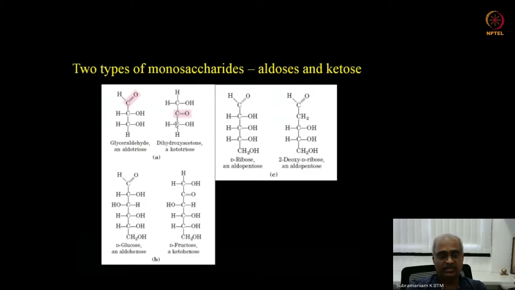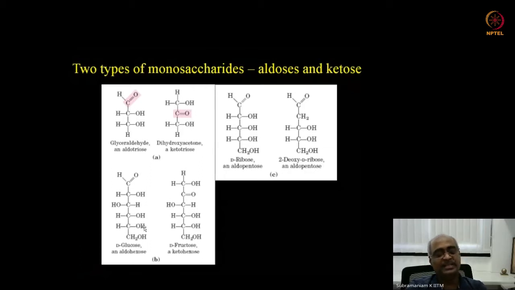Dihydroxyacetone has no chiral carbon. If you take glucose, you have 1, 2, 3, 4. So as a result, it has 16 different versions possible, and the 16 can be separated into two groups. 8 the D version, like H and OH in this orientation, and L where this will be in the OH and H orientation.